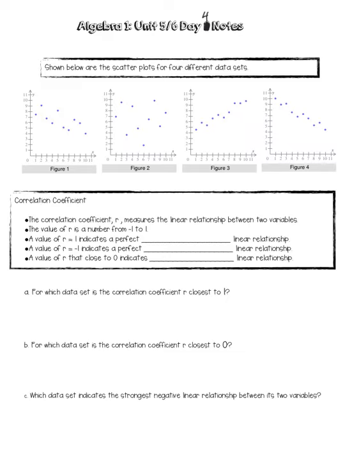Now a correlation coefficient measures the linear relationship between two variables. So if R, which is the correlation coefficient, is 1, that is a perfect positive linear relationship.